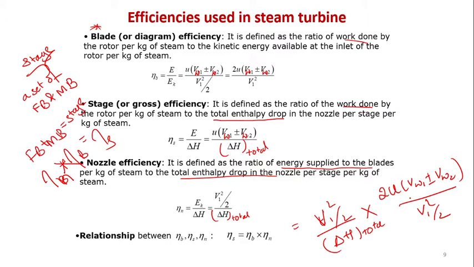Sorry, this 2 will go off. Therefore, the remaining is U (VW1 plus or minus VW2) divided by delta H total. So this is the stage efficiency. Are you understanding this? The stage efficiency is given by blade efficiency into nozzle efficiency.